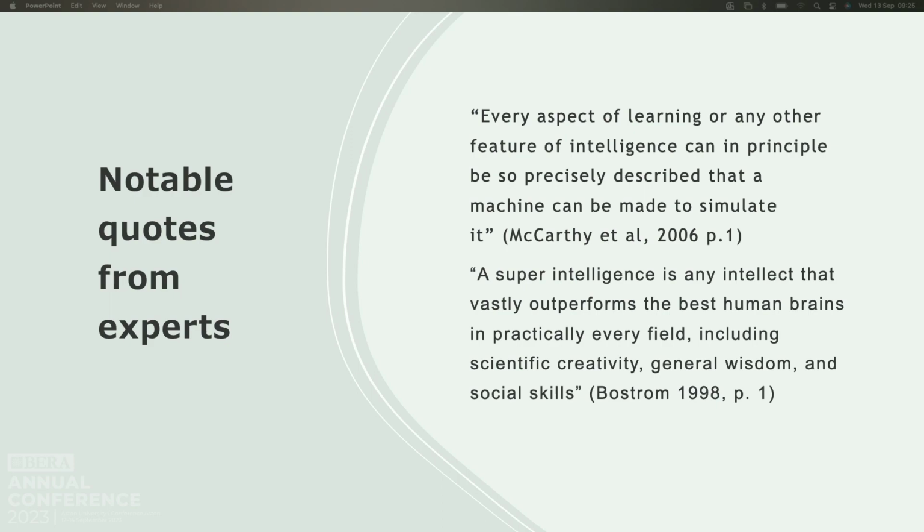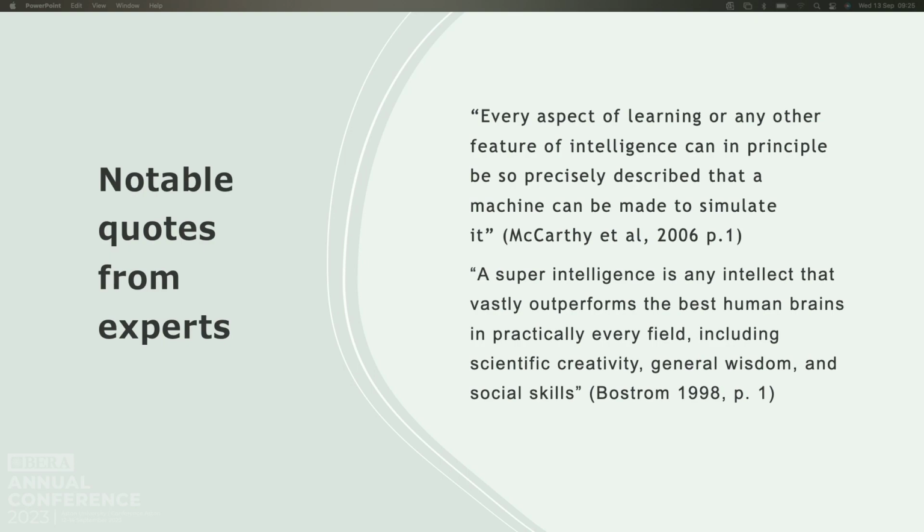What that means is that teaching and learning can also be simulated. You can put that into programming and then get a system to do the teaching, like intelligent tutoring systems, which actually do that.